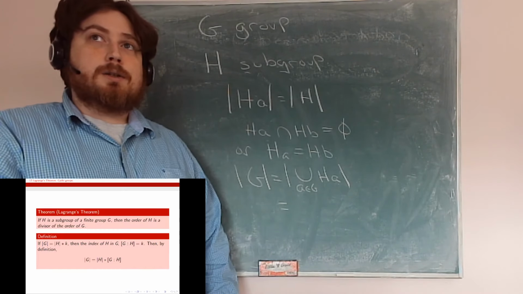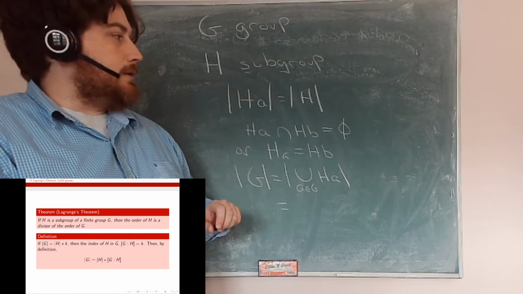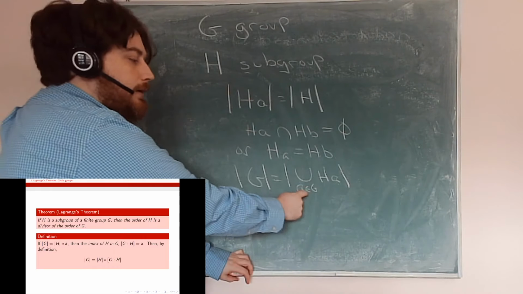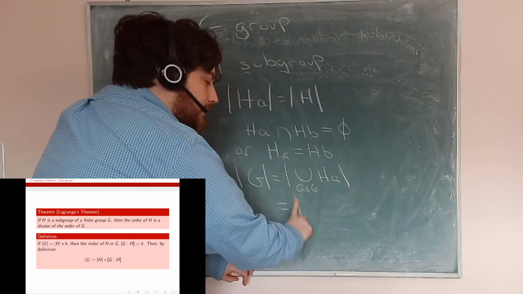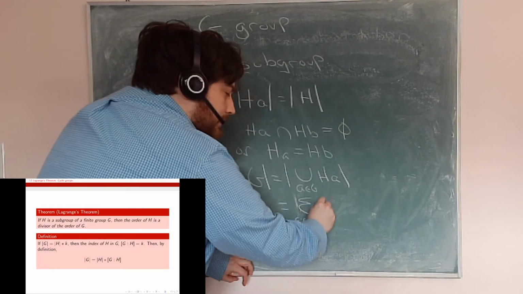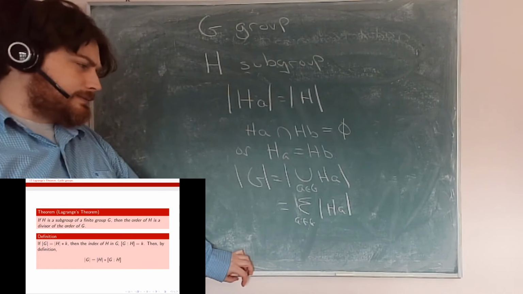And so you could talk about your addition principle. But since these are mutually exclusive, or disjoint, sets, if I want to find the cardinality, what I get is that this is equal to the sum over all a in G of the cardinalities of the right cosets.